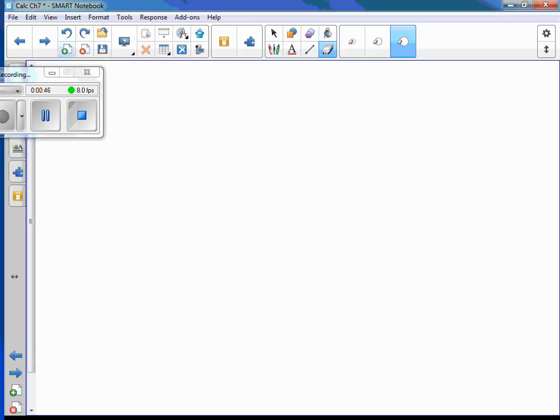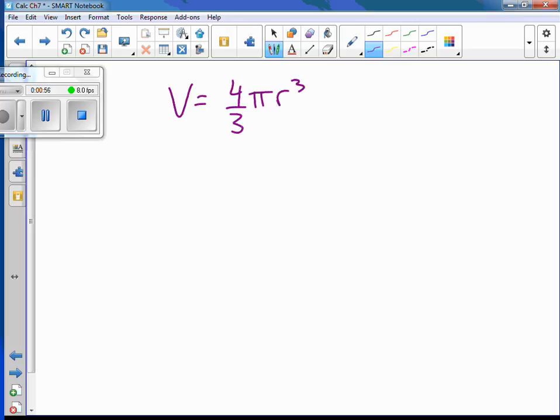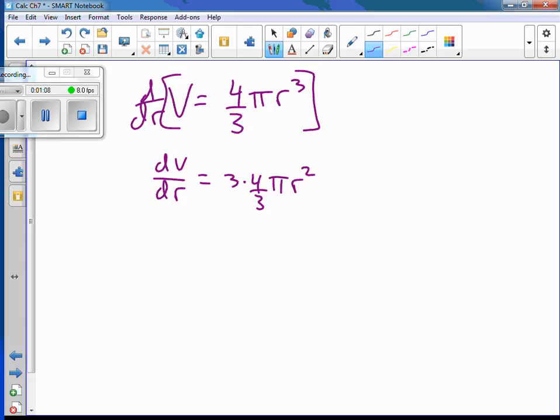If we first start with volume, let's say the volume of a sphere, the volume of a sphere is 4/3 pi r cubed. Now we already know that if we take the derivative of this with respect to r, we're going to get dV/dr, which is equal to 3 times 4/3 pi r squared.